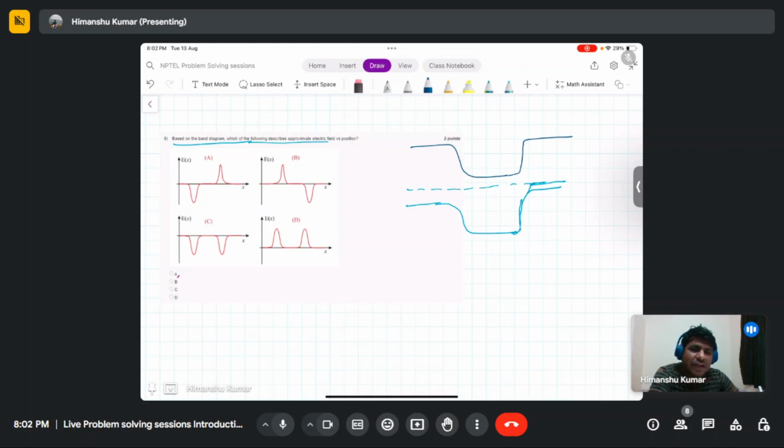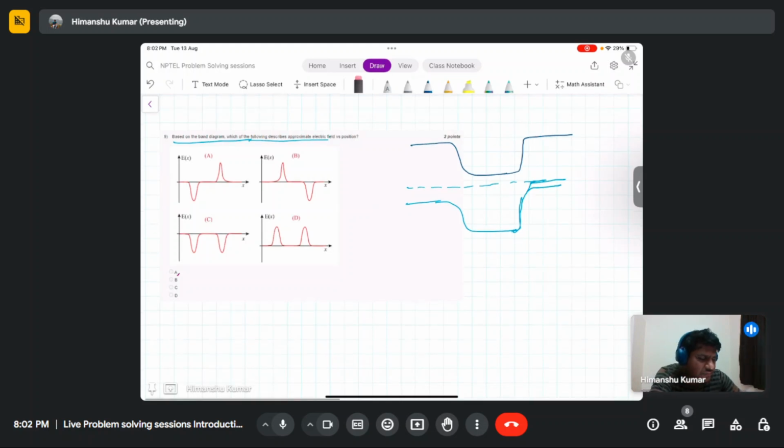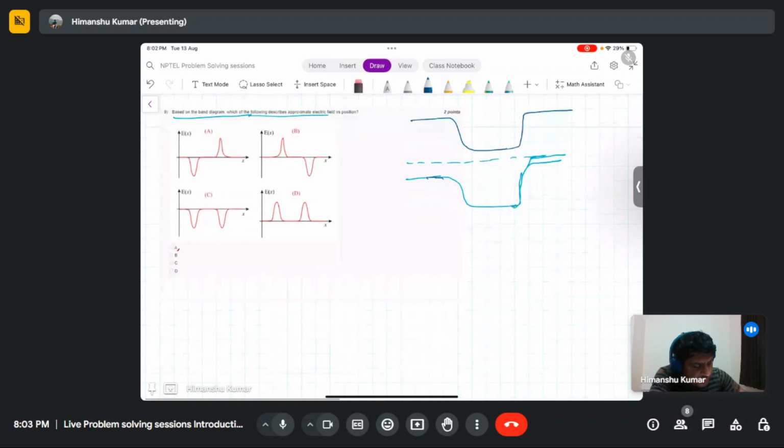To get the electric field, you need to take the slope of either band edge. So this is EC, this is EV, and if you draw Ei also, in this structure Ei is not drawn. So you can take the slope of either EC or EV.